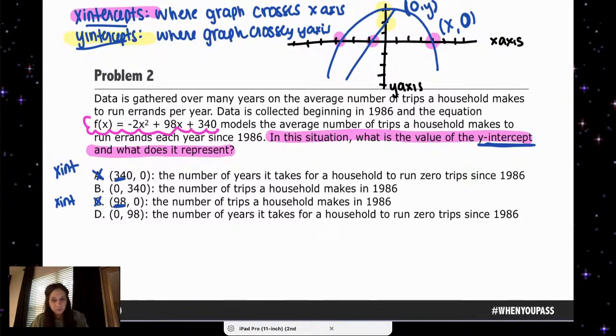So now, is it going to be 0, 340, or is it going to be 0, 98? Well, when I plug 0 into my equation, what do I get?